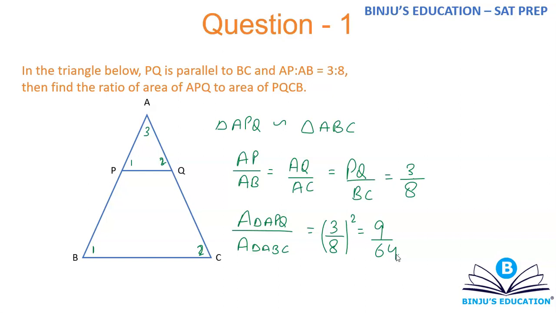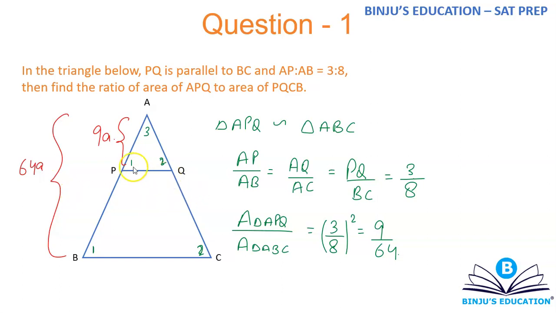So when you say that the ratio of area of triangle APQ to ABC is 9:64, what that basically means is that if you take the area of this part as 9A, then the area of this entire triangle will be equal to 64A. If the area of that smaller triangle on the top is 9A, then the area of the entire triangle will be 64A.